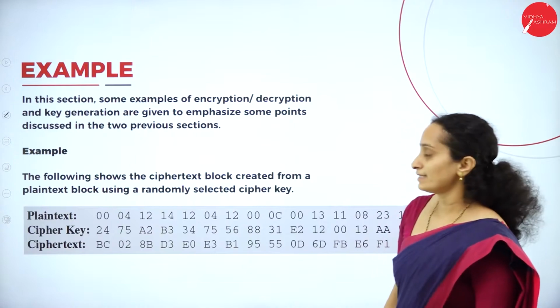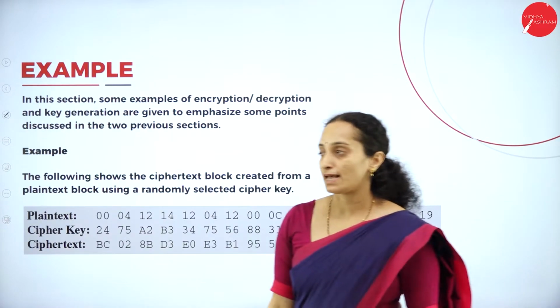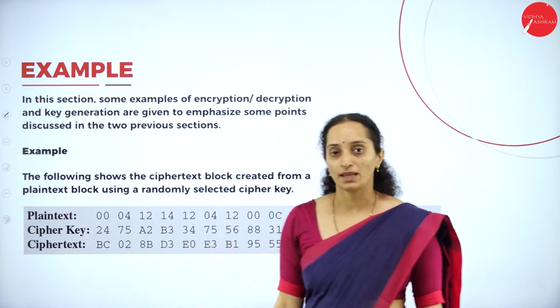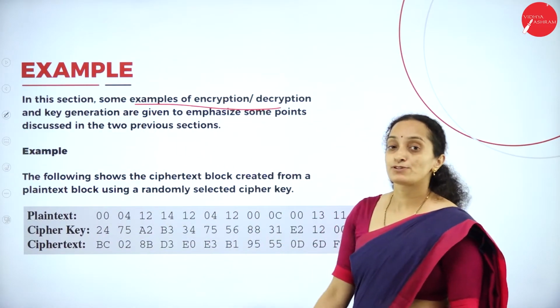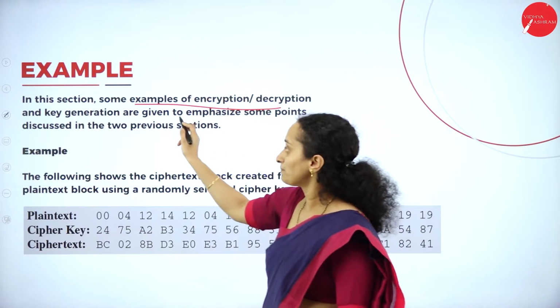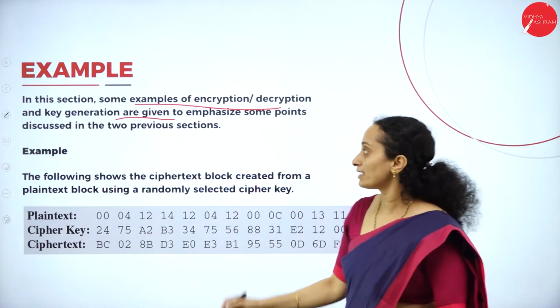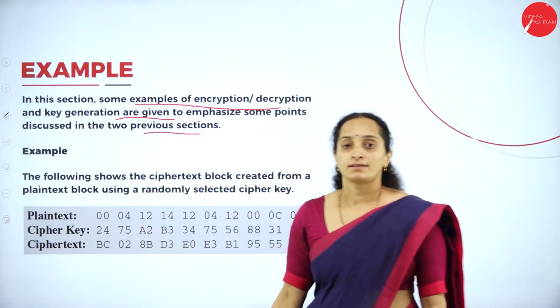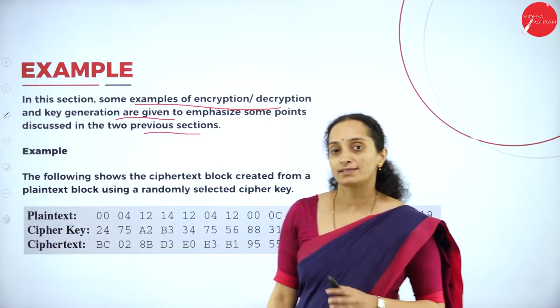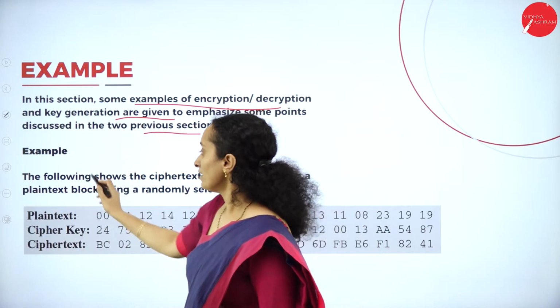The next thing is to know about an example of the AES cipher. In this section, some examples of encryption, decryption and key generation are given to discuss the previous encryption and decryption algorithms.